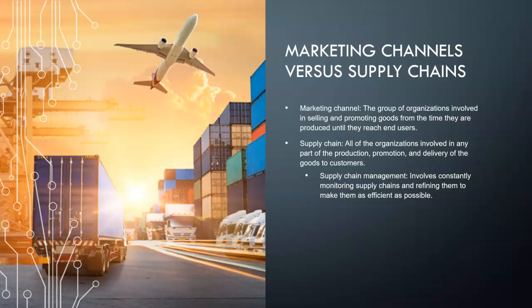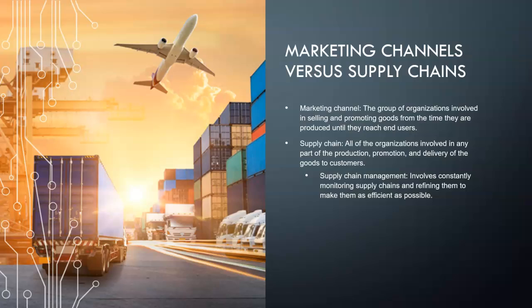So think of the marketing channel. That's where your intermediaries or your partners are there to help you get your product to your consumers by selling it and promoting it. The supply chain, they can either store your products in a warehouse, or they can transport your products on the different types of delivery systems, and we'll talk about that in the next presentation.